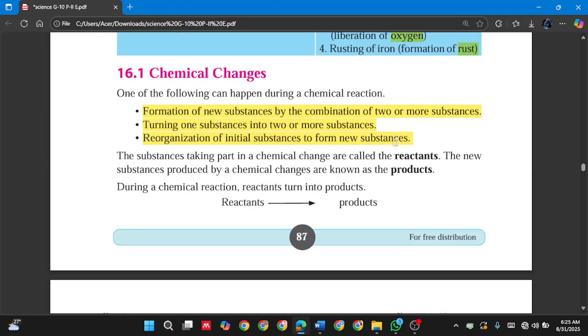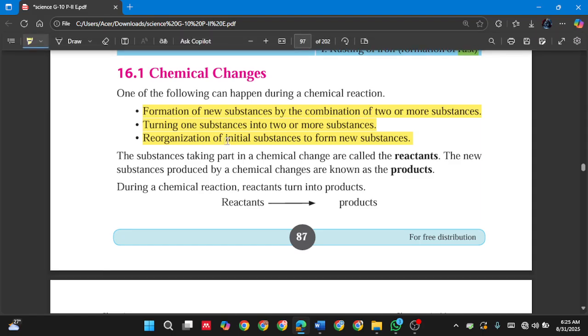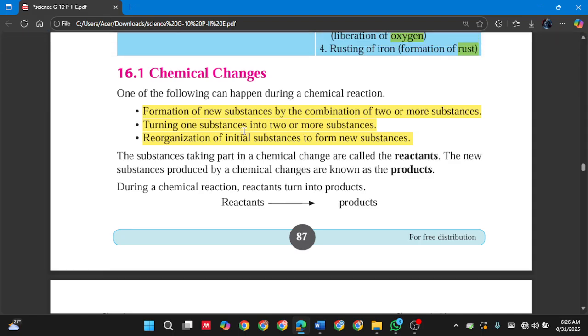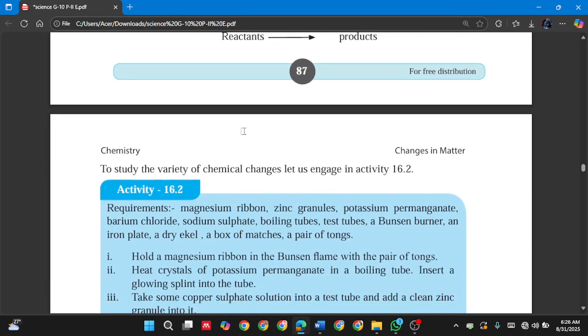First one, it is a combination. Third one, reorganization of the initial substance to form new substances. The substances taking part in a chemical change are called reactants. The new substances produced by a chemical change are known as products. So during a chemical reaction, reactants turn into products.